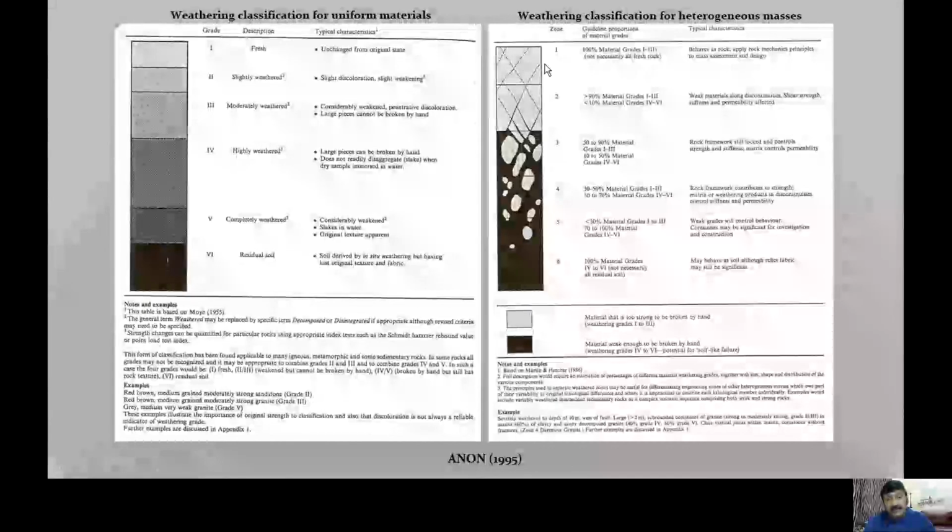As you can see here, when it is a weathering zone, it is 100% materials which are grading from 1 to 3. So the first and foremost thing for a practitioner is to identify or categorize the weathering grades of the concerned materials.